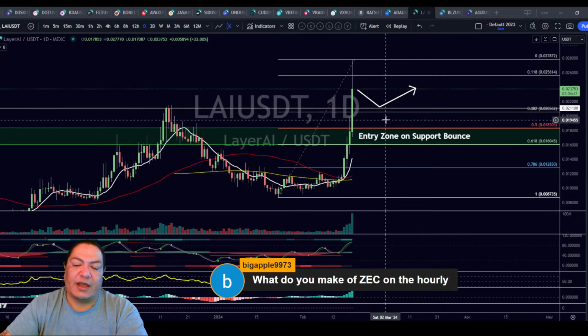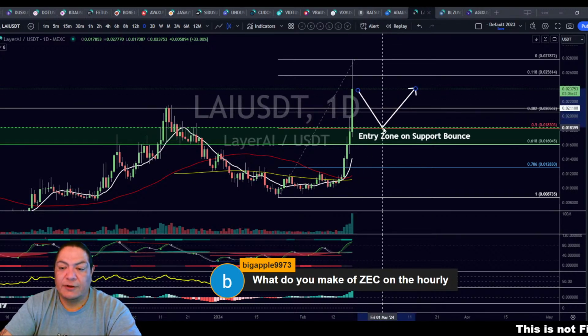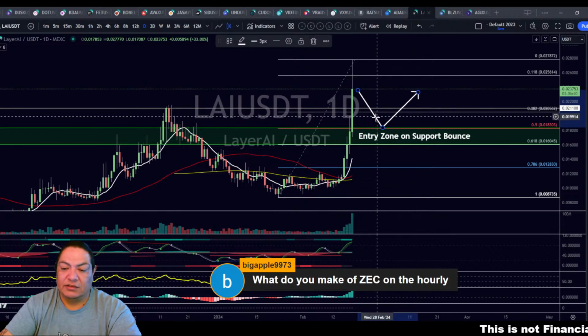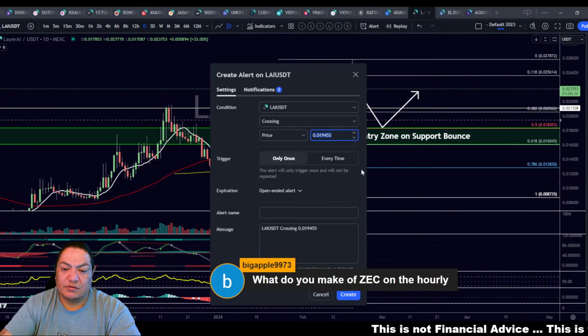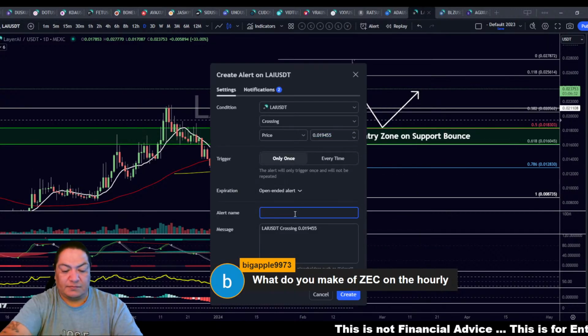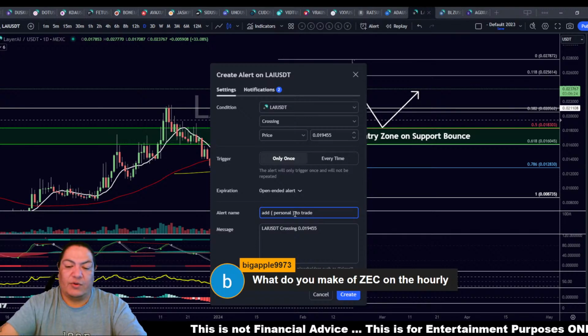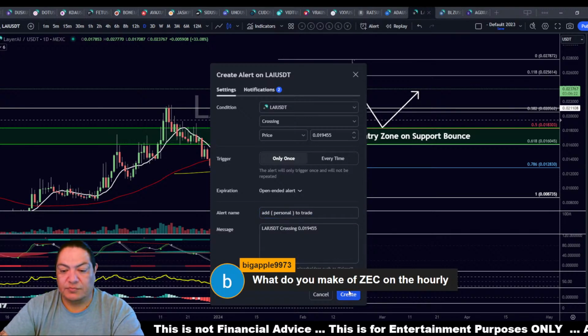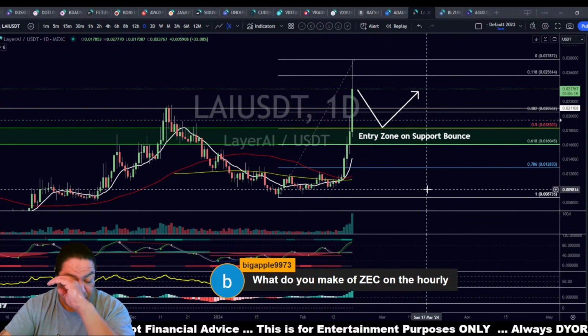But I would expect a pullback. I think it would be really healthy. And I would love to see a pullback down here. Let me just set an alert. Add alerts, and then add trade. That way I know I'm not telling the whole group, because I didn't post this for anybody. Well, this was posted a long time ago.